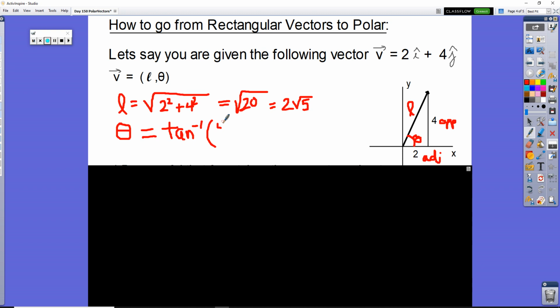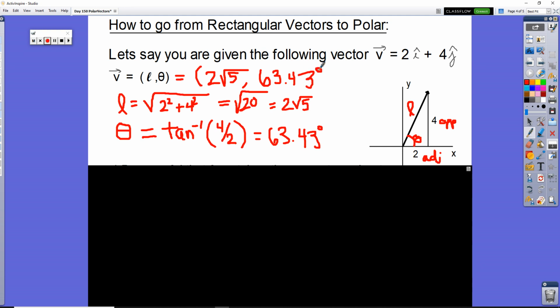So we'll be doing inverse tangent of 4 over 2 because tangent is made of opposite over adjacent. So we've got to put the 4 on top and the 2 on bottom. And my calculator, when I type this in, again, make sure you're in degree mode, is going to give you 63.43 degrees. So putting this all together, my vector in polar form is going to be 2 radical 5 for the total length, and then a comma, and then you tell me the directional angle, 63.43 degrees. This would be the answer for this problem.